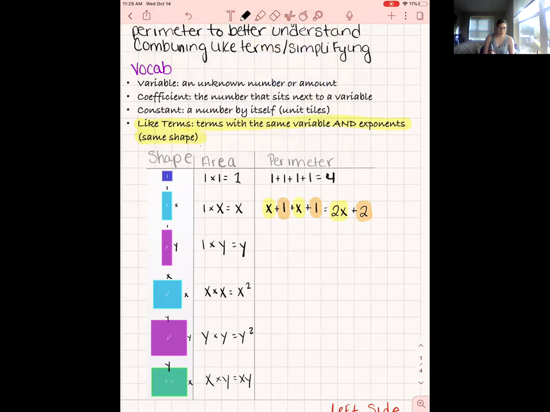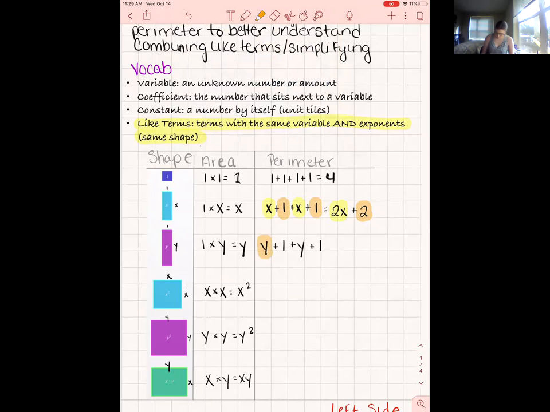All right, this next one, the y tile, if we measure all the way around it, it has a side length of y. It has a side length of 1. It has a side length of y. And it has a side length of 1. So there's the perimeter. Again, we could leave it long like this, or we can go in and combine like terms.